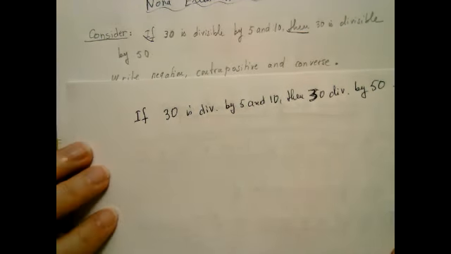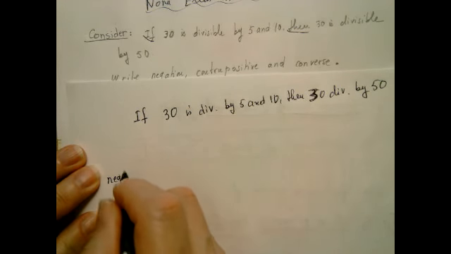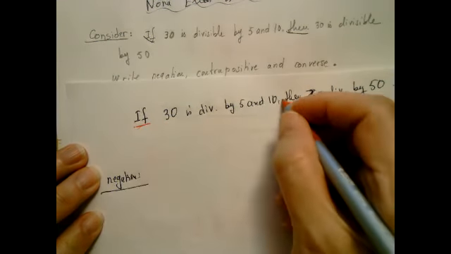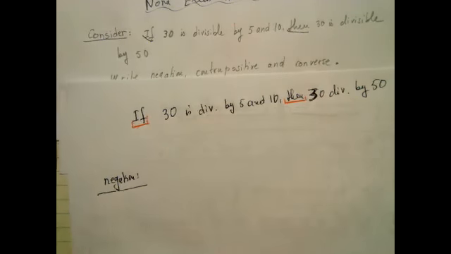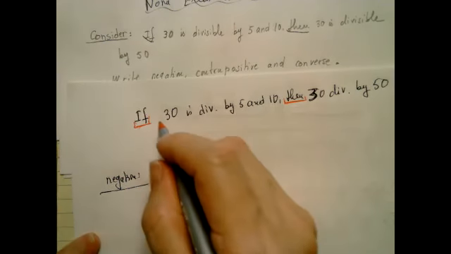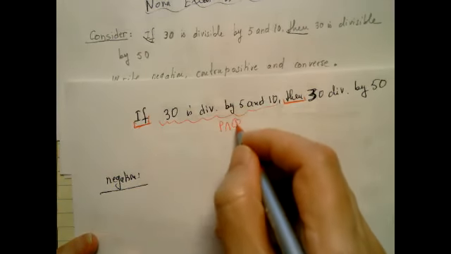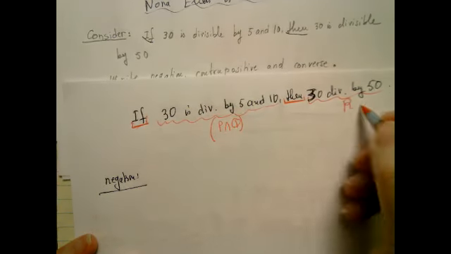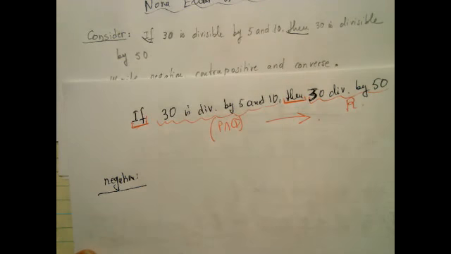Okay, so we're going to negate the statement. So that's an if, then. And this is actually a composition. You can think of this as P and Q if you want. And we can think of this as R. And we are negating that.